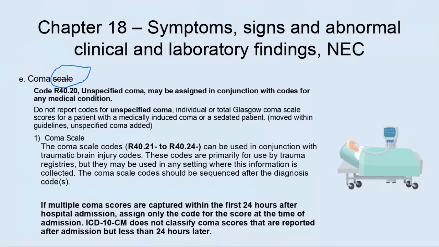So between the time of admission and 24 hours, you'd use one code, the one for admission. They may take additional coma scale readings, but these are not part of the official documentation.